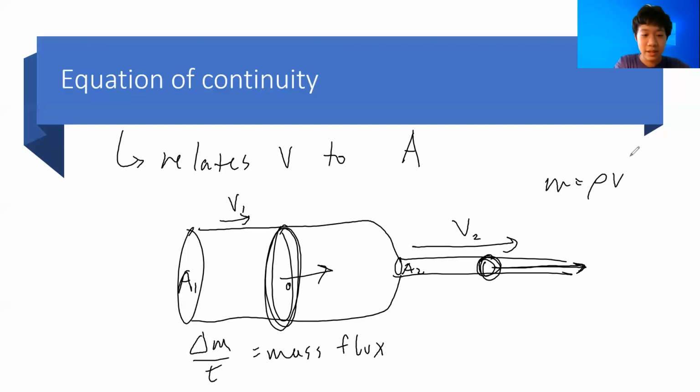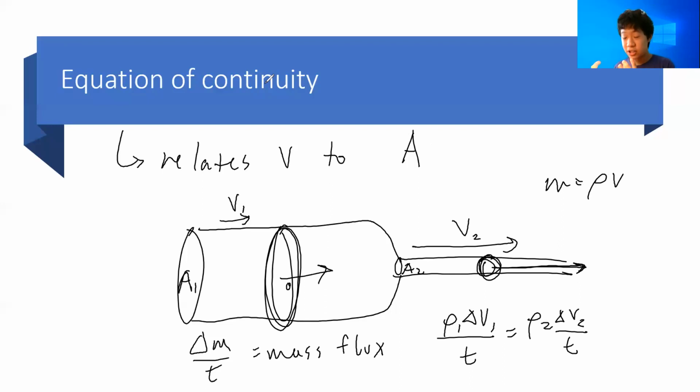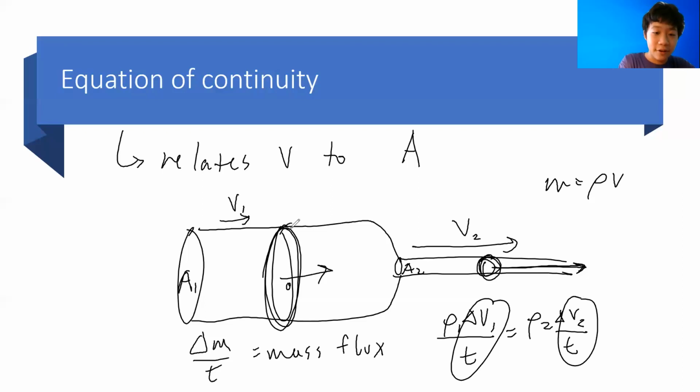Okay, so let's replace this with rho 1 delta V1 over t equals rho 2 delta V2 over t. Here, I turn the mass in terms of volume flux. So delta V1 over t and delta V2 over t, that's the volume flux.